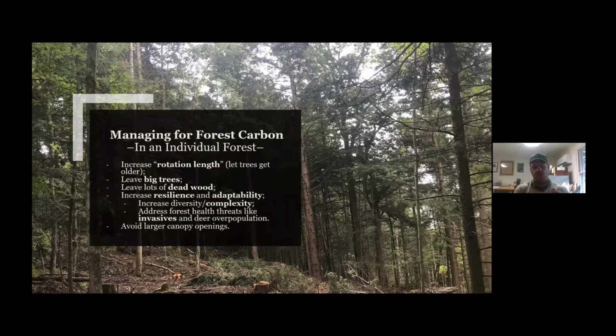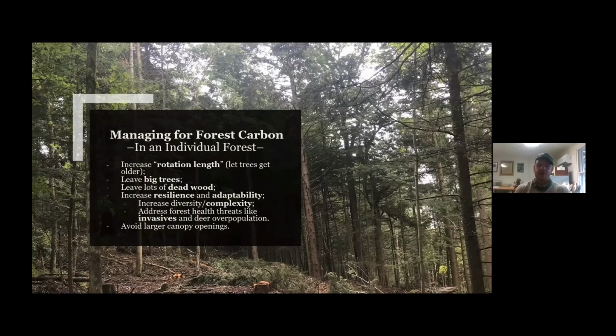And we can do forest management that increases diversity and complexity, such as supporting a healthy mix of different species, supporting multi-aged forests which are more like old growth forests, in that they're not all trees of the same age but are more complex and diverse, with structural diversity, and by addressing forest health threats like invasive plants and deer overpopulation.